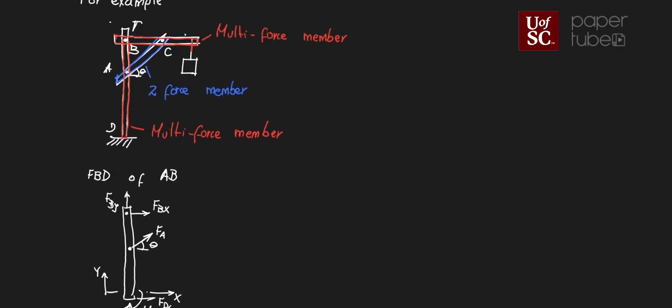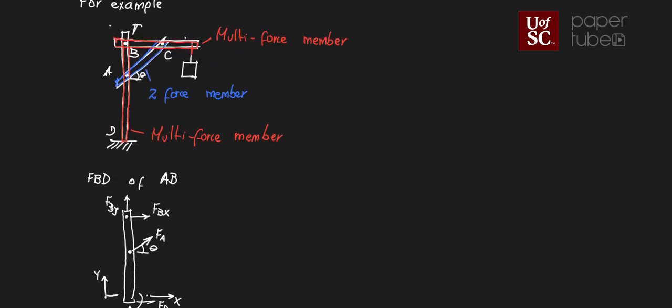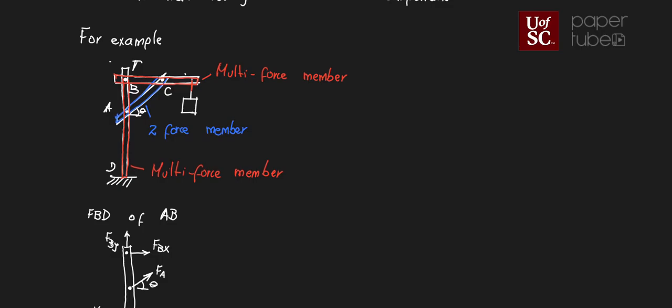Okay. So what I need to do then is keep going and do the free body diagrams for the rest of the elements. So I can do, for example, my free body diagram of A. And that is the joint that we have right there. So if this is A, now this is a particle.